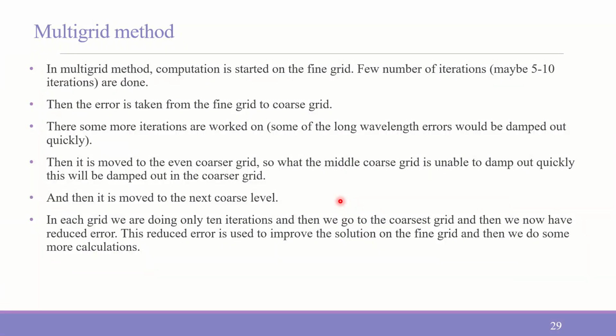So we are going from the finest grid to coarser grids, wherein we are reducing the errors, and after that we use that error to improve the solution on the finest grid. That is the idea behind the multigrid method.